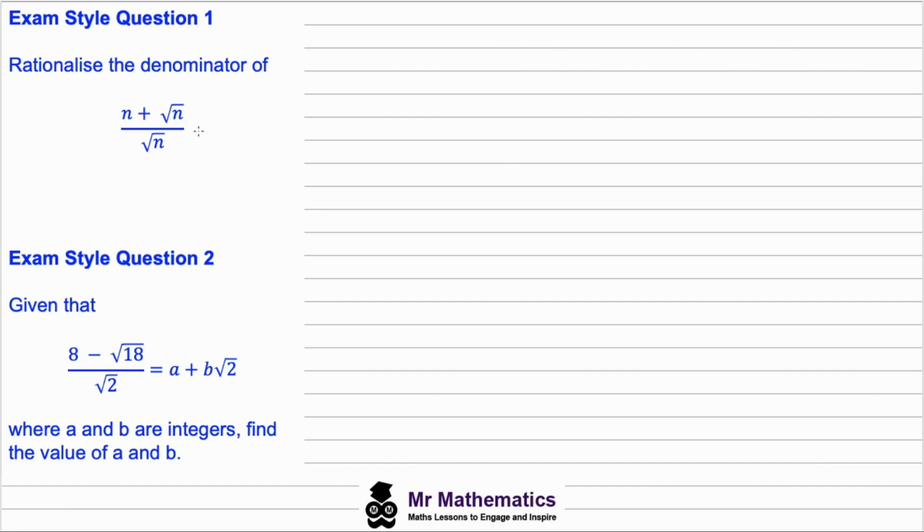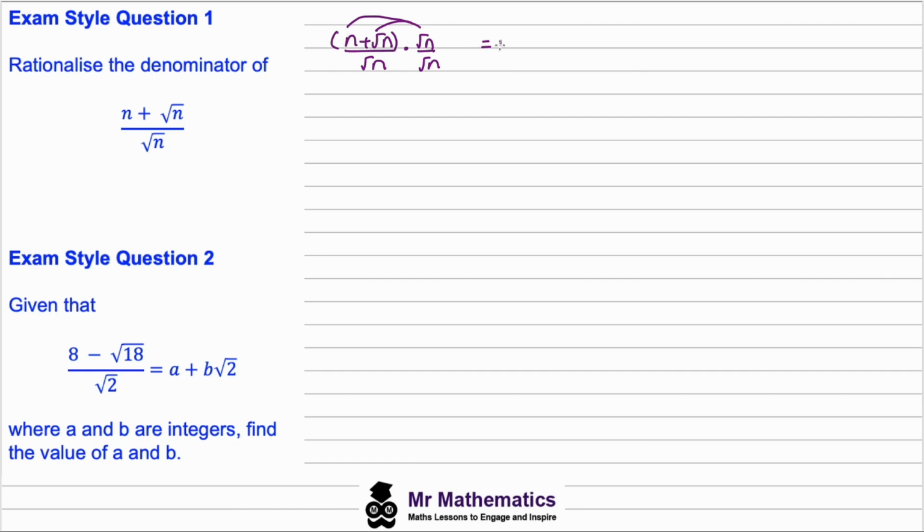Okay, so welcome back if you had a go. So for question 1, we've got n plus root n over root n, and we'll multiply both by the denominator. Then we'll expand out the bracket, put this bracket in here.